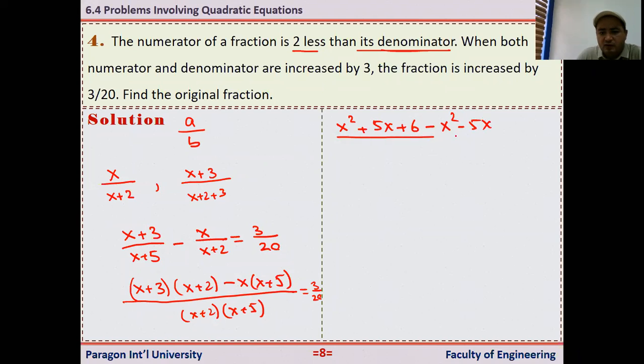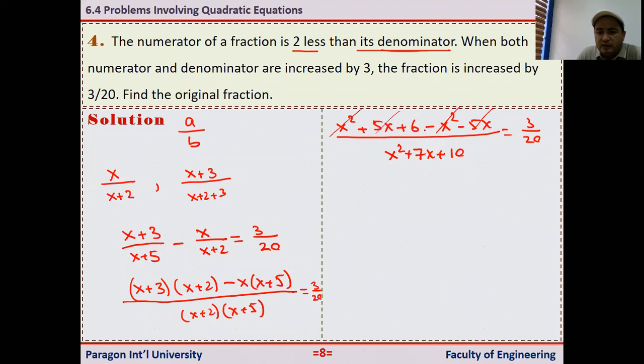Draw a long fraction line. Removing the brackets, x squared plus 2x, 5x, that is 7x plus 10. On the right-hand side, we have 3 over 20. Now if you simplify the numerator of this fraction, the x squared terms cancel each other, the 5x and 5x cancel each other, and 6 is left, right?